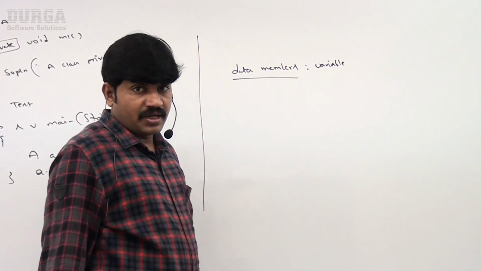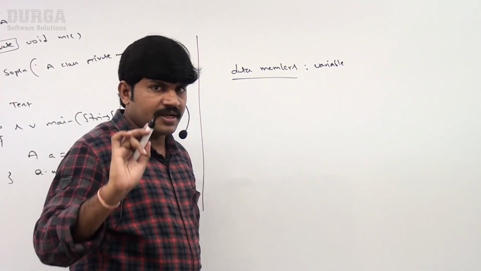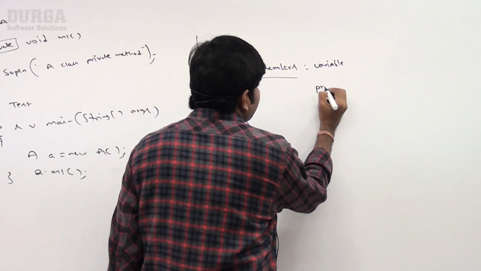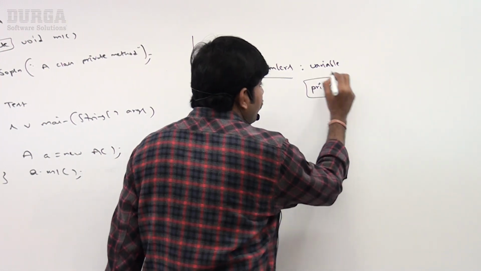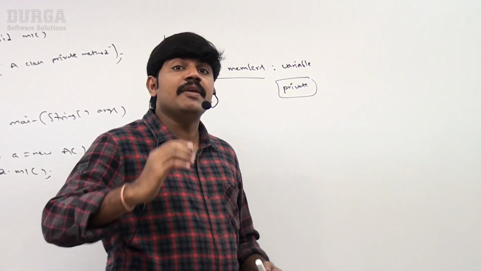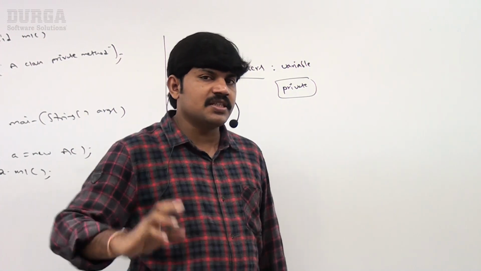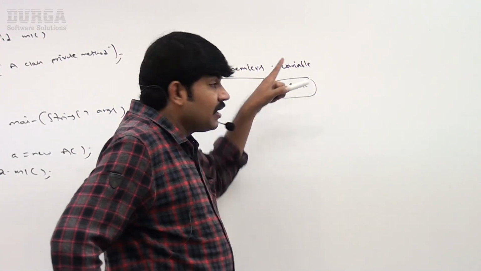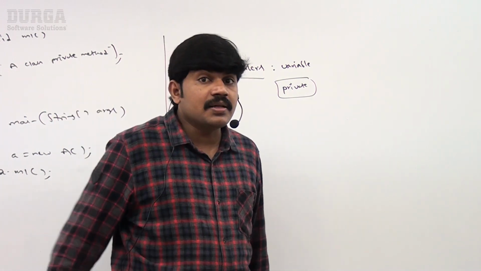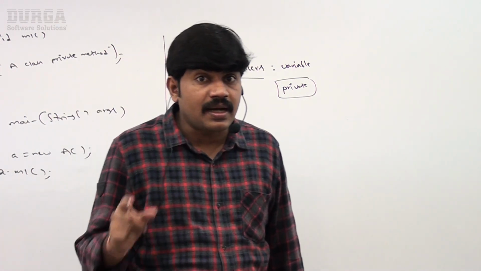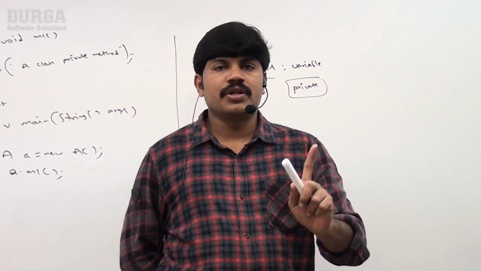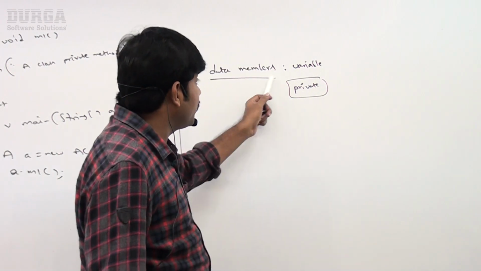The highly recommended modifier for variables is private, because private members cannot be accessed from outside. Our data should not be accessed directly from outside, because in OOPS, data hiding is very important. That's why the recommended modifier for variables is always private.